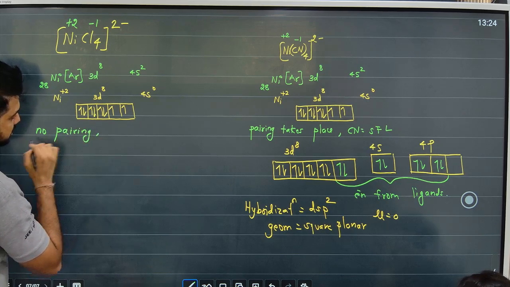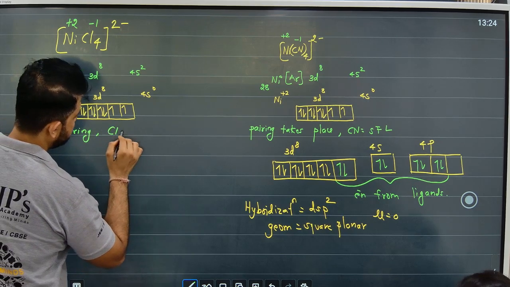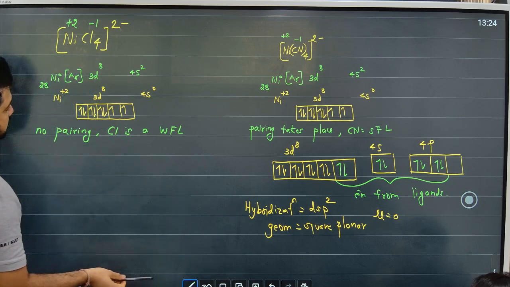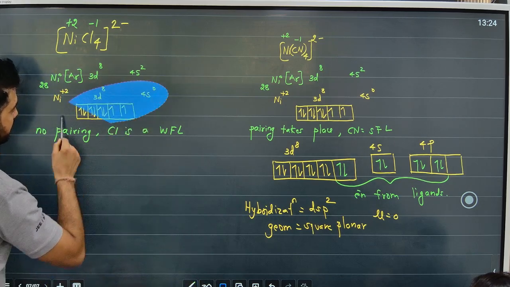Why? Cl is a weak field ligand, so this will remain as it is.